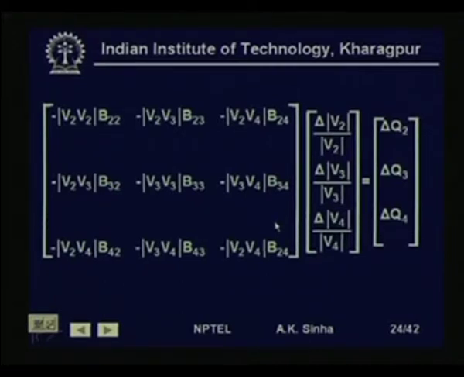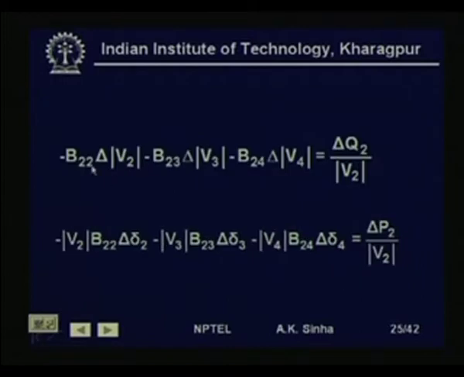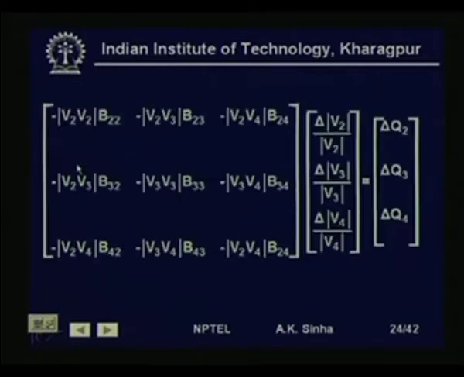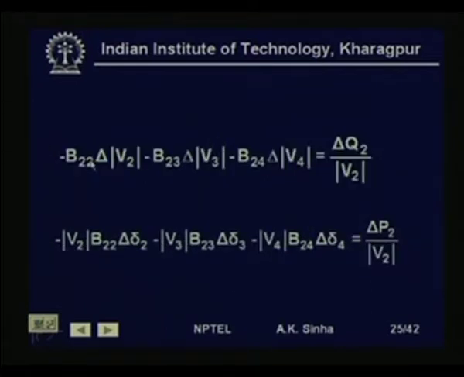So, now if we take up one equation, then we have this equation for the first row, that is delta Q2 is equal to minus B22 delta V2 minus B23 delta V3 minus B24 delta V4. This is what we will get.